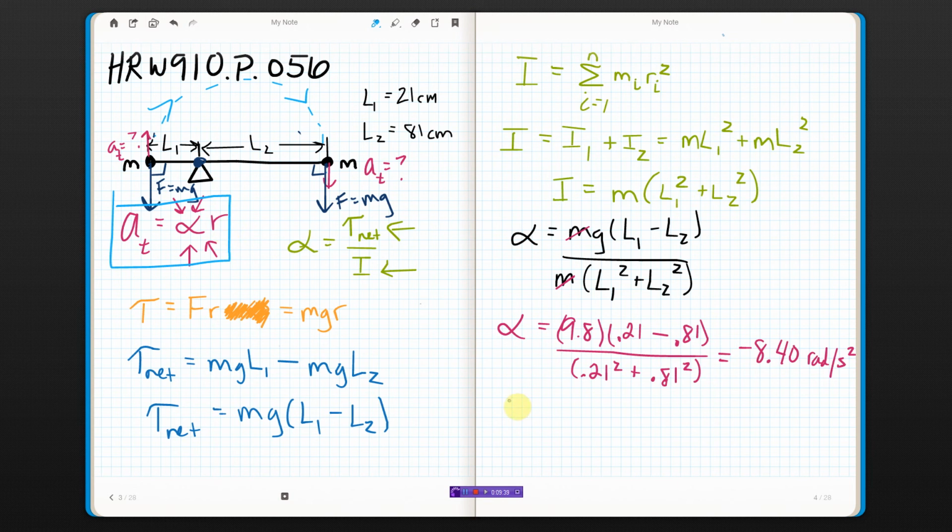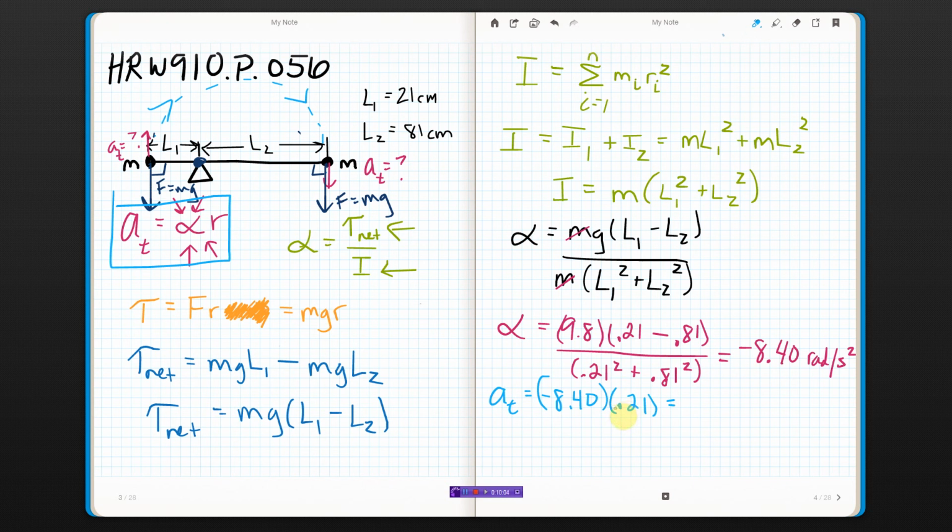For particle 1, the one on the left-hand side, the tangential acceleration a_t is the angular acceleration times L1, which is 21 centimeters.